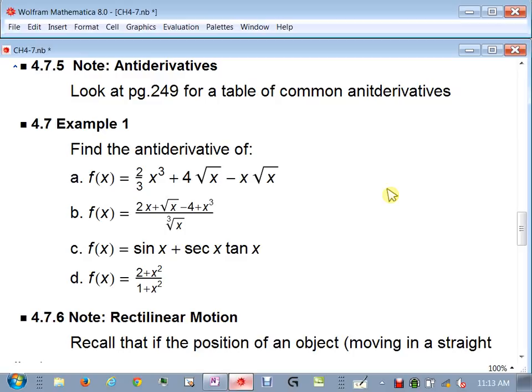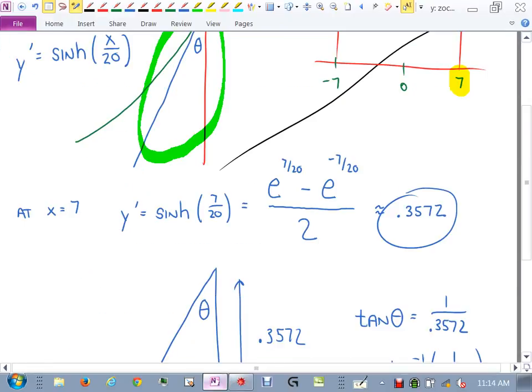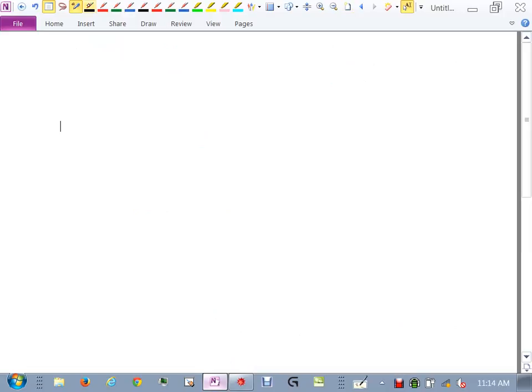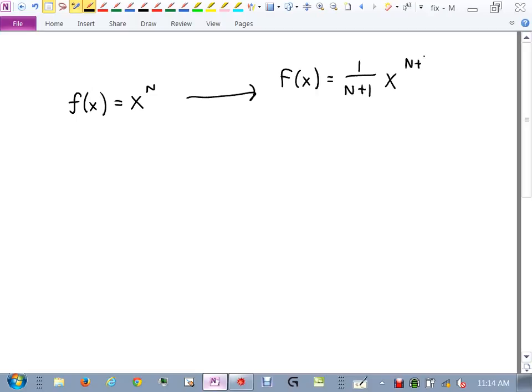The formula we had from last time was a very loose formula, but this is what we had. We said, if our little f was x to the n power, then the capital F would be 1 over n plus 1 times x to the n plus 1, plus some constant. Does that look familiar? But that only worked if n was what?